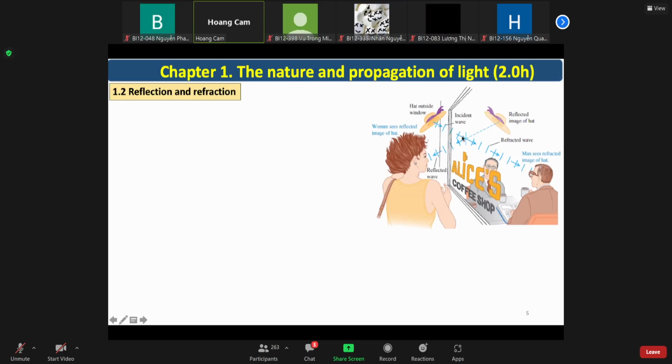So the light bounces and is reflected. The light is transmitted here, and refracted here. Okay, so it's what we observe in this figure. The waves in the outside air and glass are represented by rays here.